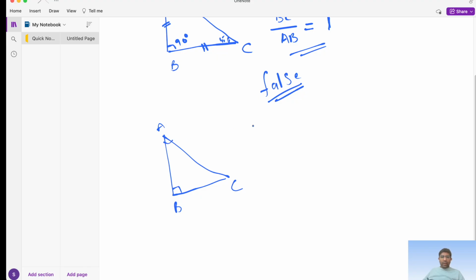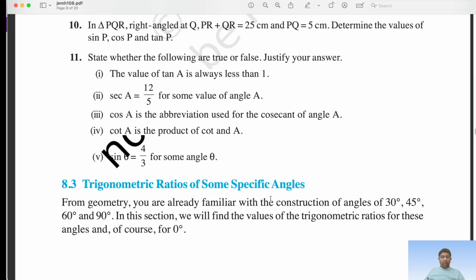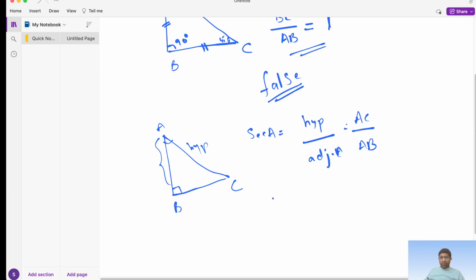Secant A is nothing but hypotenuse by adjacent side of angle A. Adjacent side of angle A is AB, hypotenuse is AC. So AC by AB. What did he give? Secant A is 12 by 5. So 12 by 5 is equal to AC by AB. So if we take hypotenuse as 12 and this side as 5, we need to find out BC.